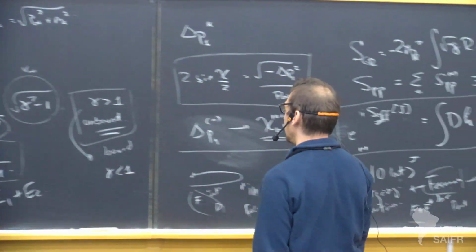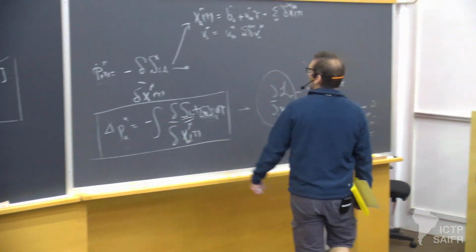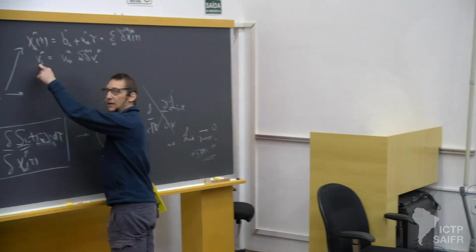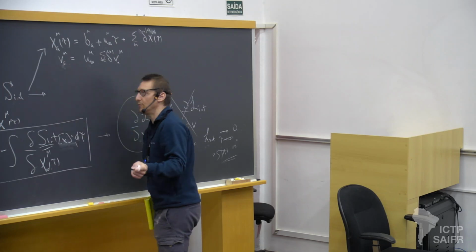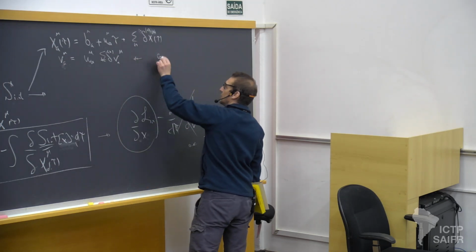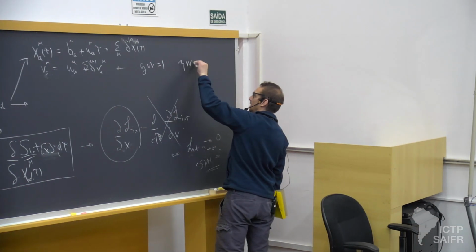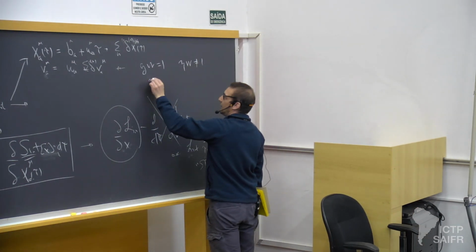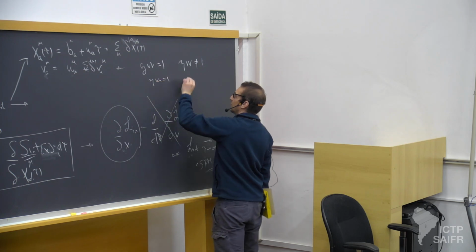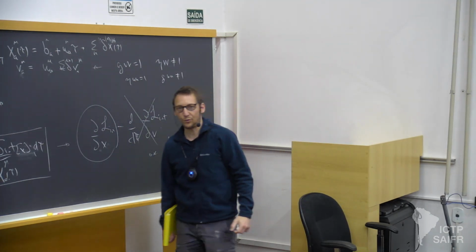It's Minkowski space at infinity, which means that this v is unit in g_mu_nu, but it's not unit in eta_mu_nu. So g v v is 1, but eta v v is not 1. Eta u u is 1, but g u u is not 1. And that's important, okay?